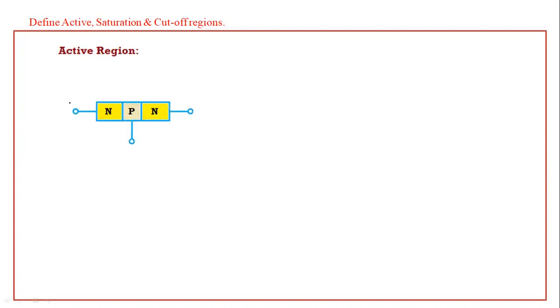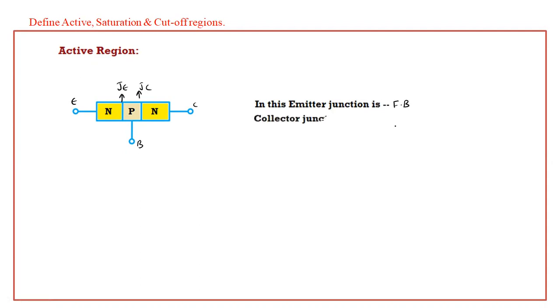Active region. In active region also, there is emitter, base and the collector. This is the emitter junction and this is the collector junction. In active region, the emitter junction is forward biased and the collector junction will be in the reverse bias condition. One is forward and one is reverse bias condition.